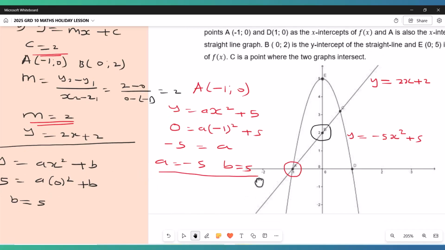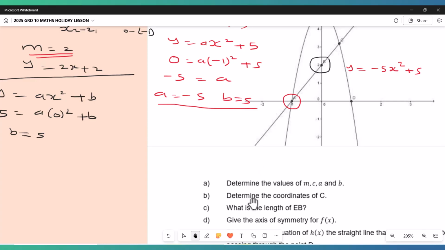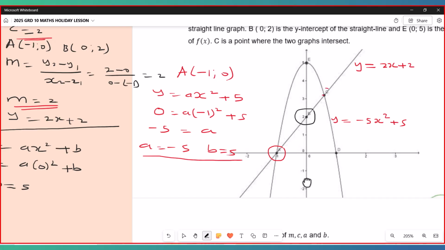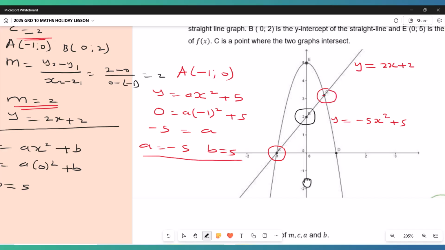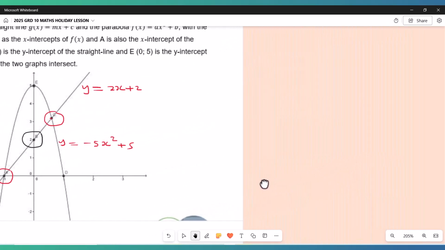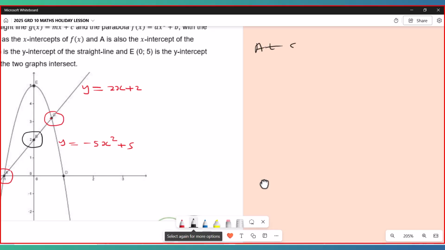Let's see what they want next. They said the coordinates of C. Now this point C is where the two functions meet. So we must equate the two functions to get our point C. At point C, f equals g of x.